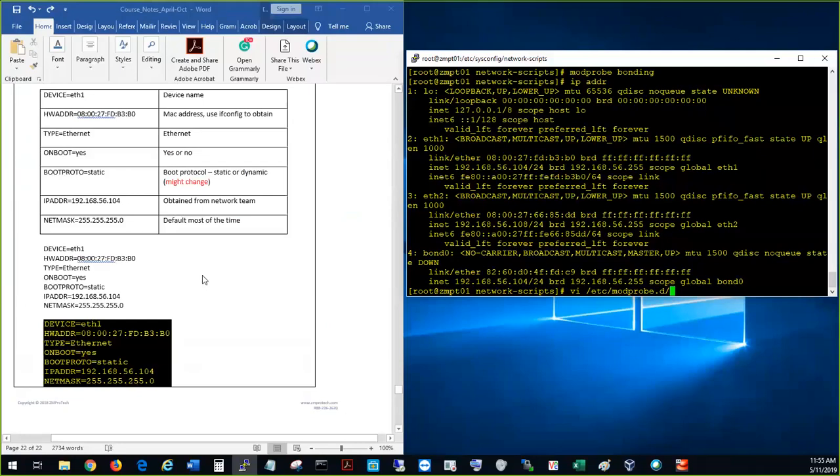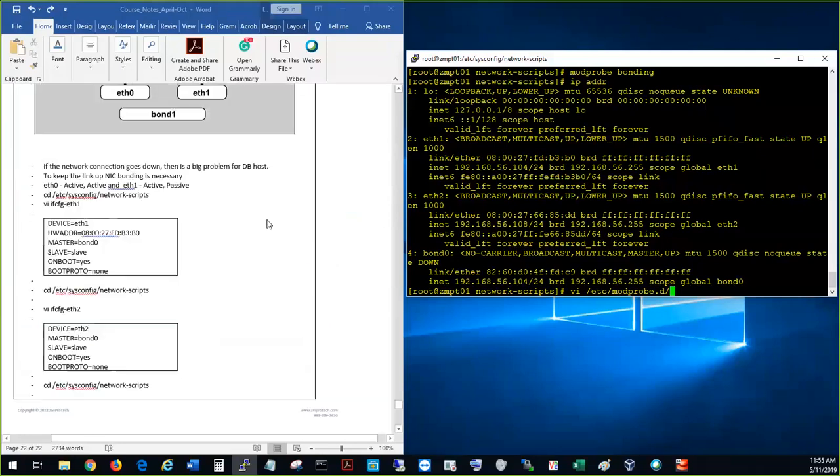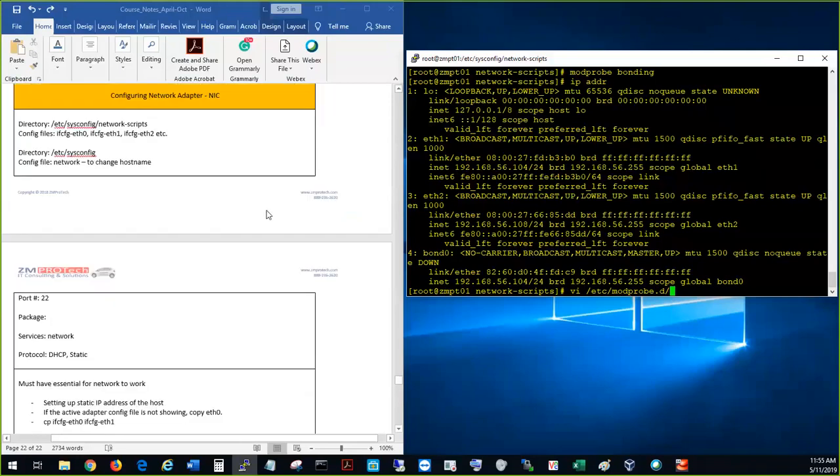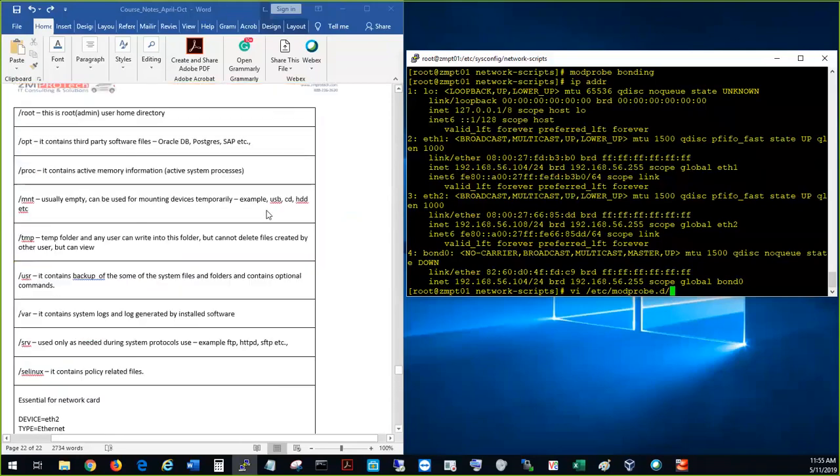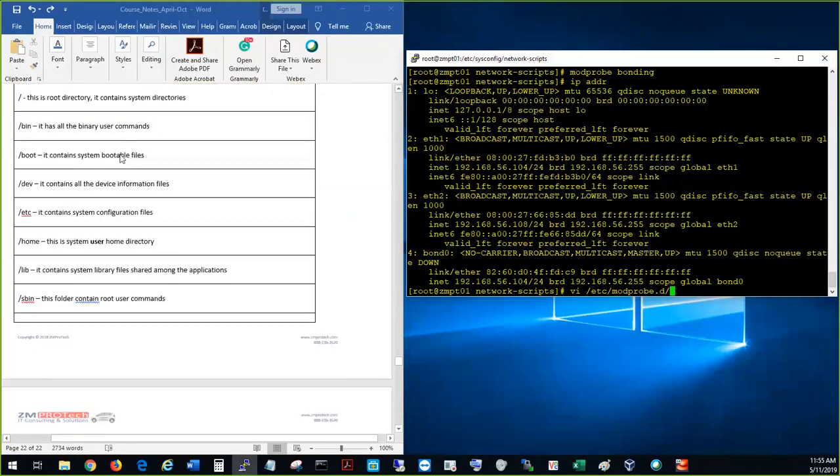In short, in a job, we call it etc. If somebody says go into the etc folder and then change or add the file in there, that means the etc folder.